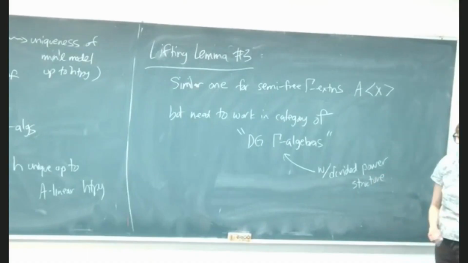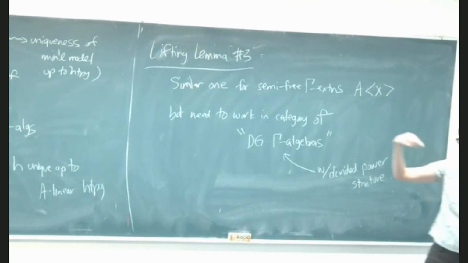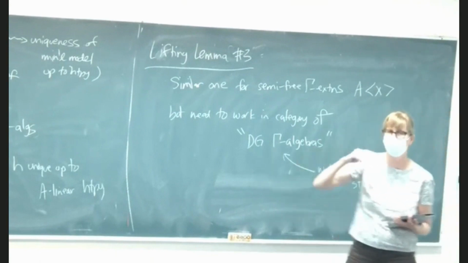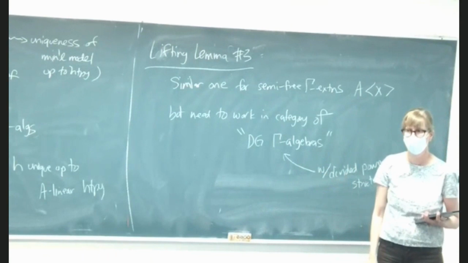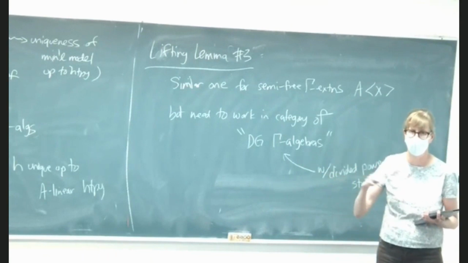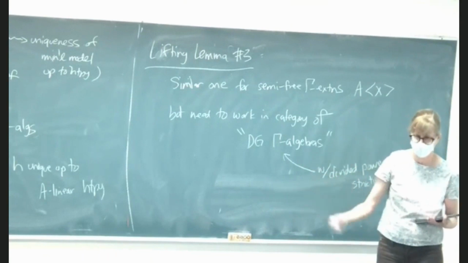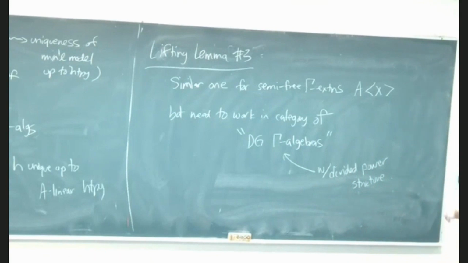It means that all the elements of even degree have elements that act like their divided powers would, meaning they multiply the way you would expect. They differentiate the way you would expect, whatever.